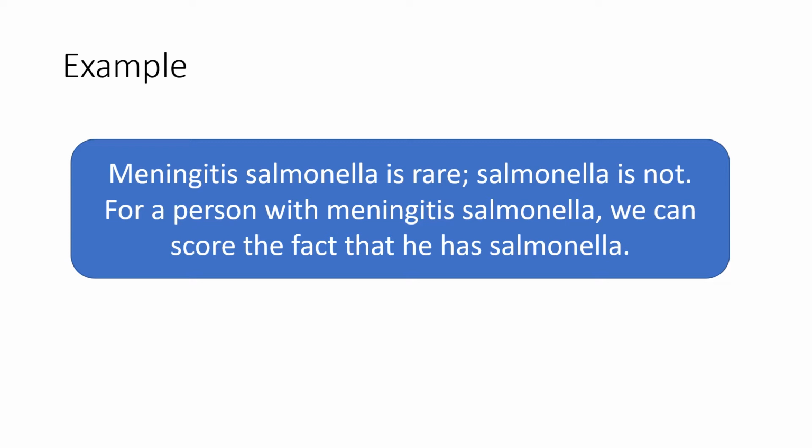So for a person with meningitis salmonella, we can just ignore it because it's so rare, or we can just use the feature that's available, which is the person has some type of salmonella, and score that feature of the patient.